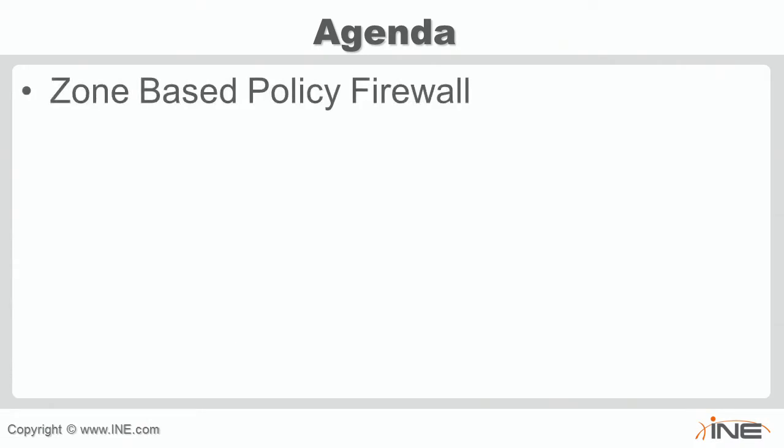In our next module, we're going to talk about the zone-based policy firewall for IOS, that is a replacement for the content-based access control that we previously talked about in the earlier modules.